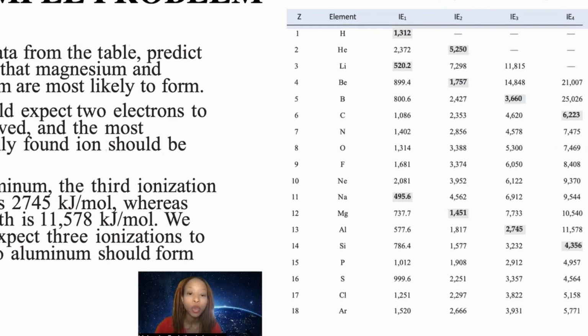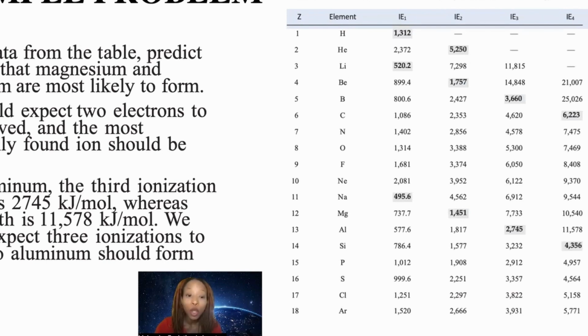We would expect 2 electrons to be removed, and the most commonly found ion should be magnesium 2+. For aluminum, the third ionization energy is 2,745 kilojoules per mole, whereas the fourth is 11,578 kilojoules per mole. We would expect 3 ionizations to occur, so aluminum should form aluminum 3+.